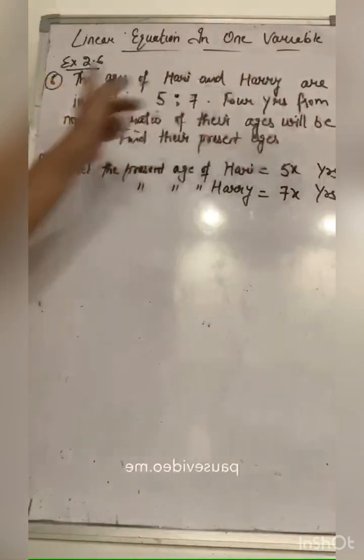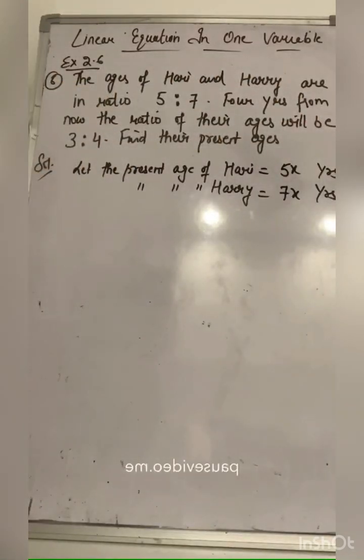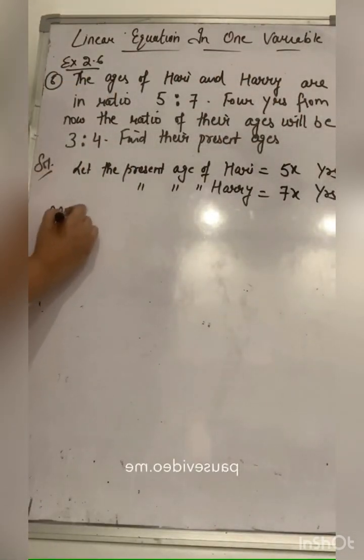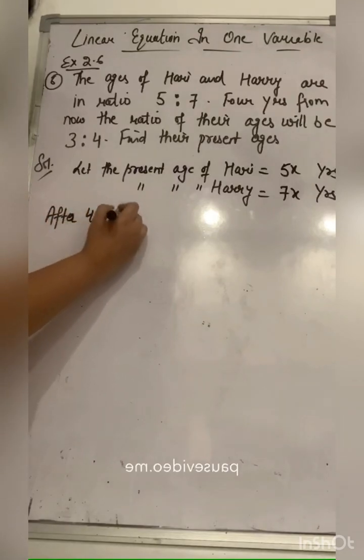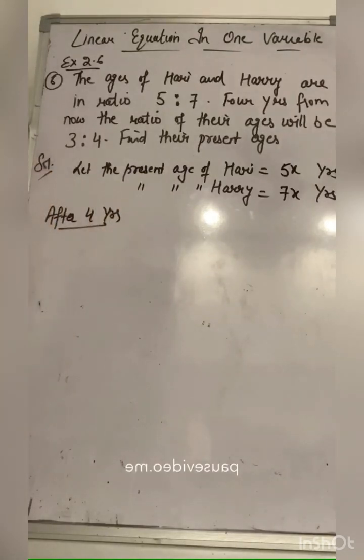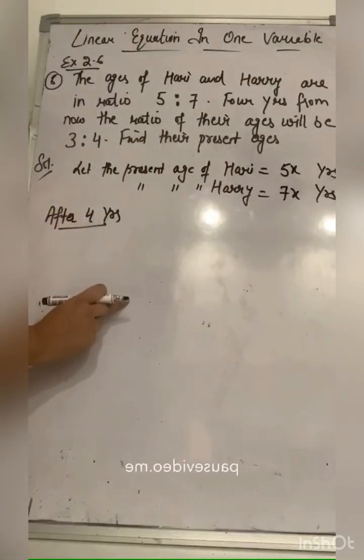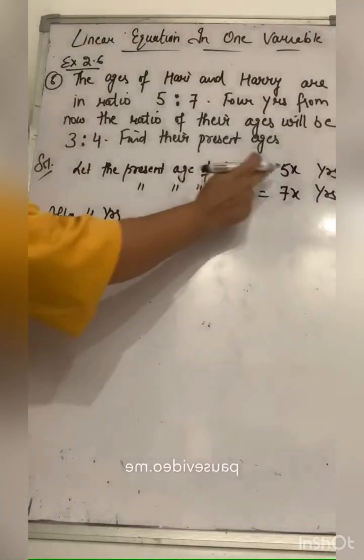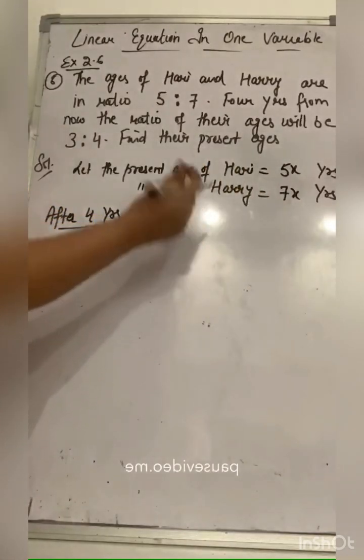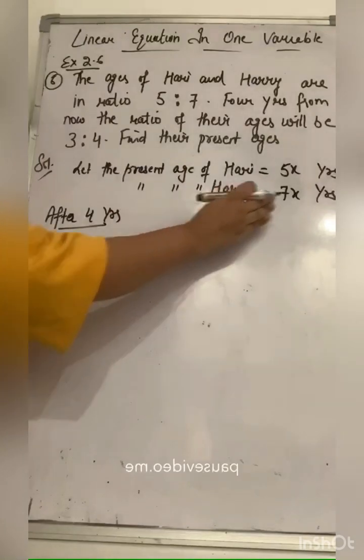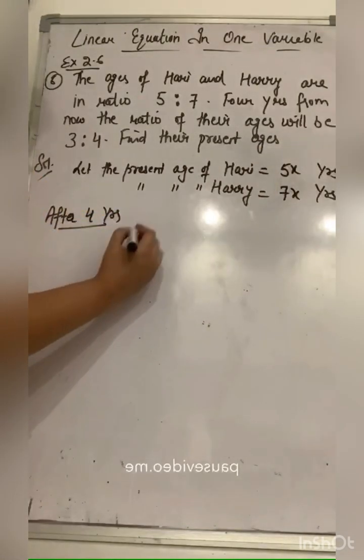4 years from now means after 4 years. Now, after 4 years, what will be the age of Hari? It will be 5x + 4. And what will be the age of Harry? 7x + 4. Right?